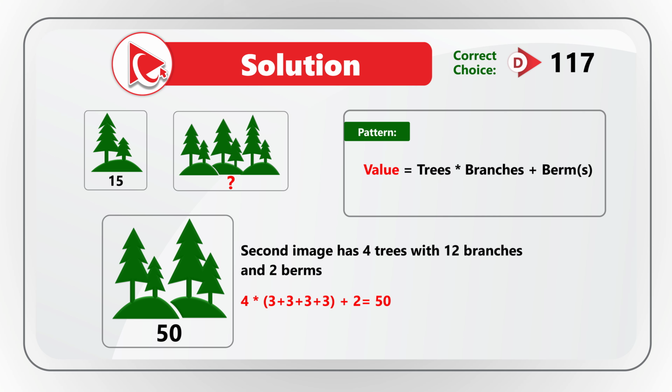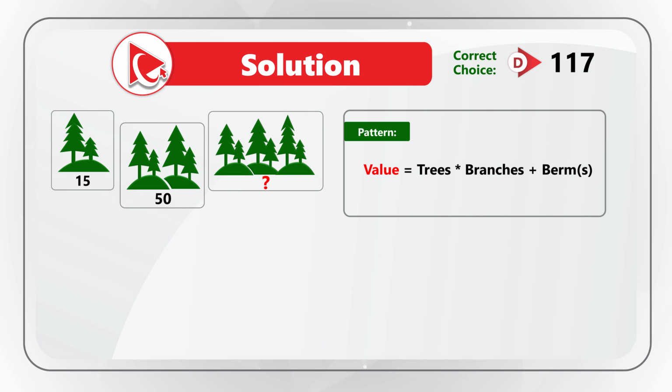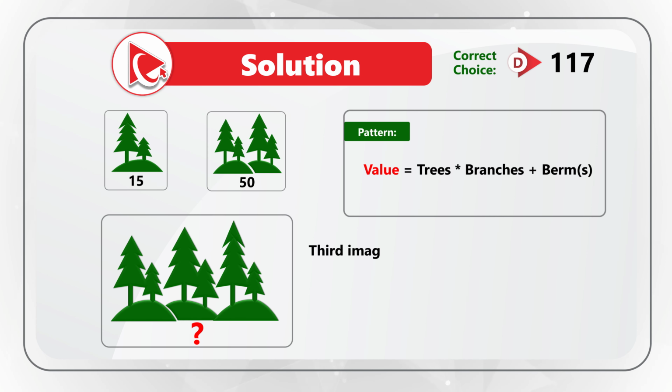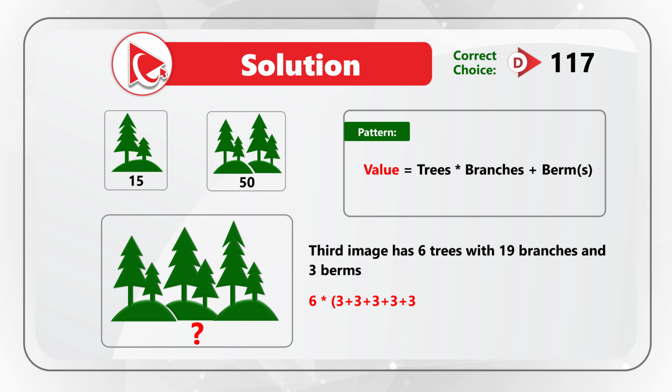The end result of this calculation for image 2 will be 50. For the third image, which has 6 trees with 19 branches and 3 berms, the calculation will be 6 multiplied by (3 plus 3 plus 3 plus 3 plus 3 plus 4), and then you add 3 to the calculated total. The end result of it, 117.